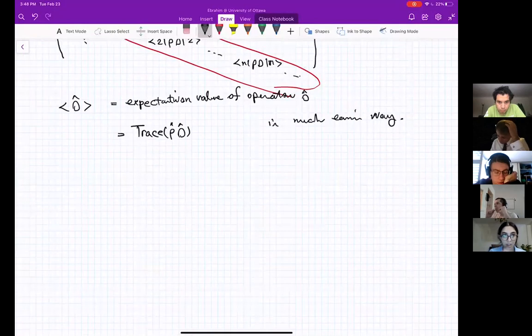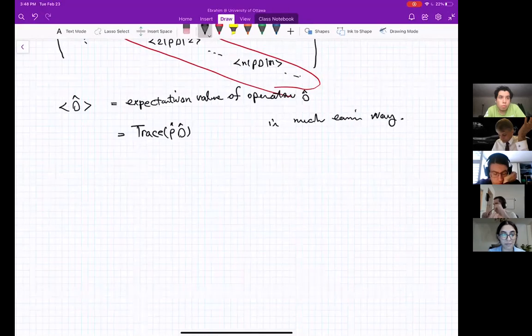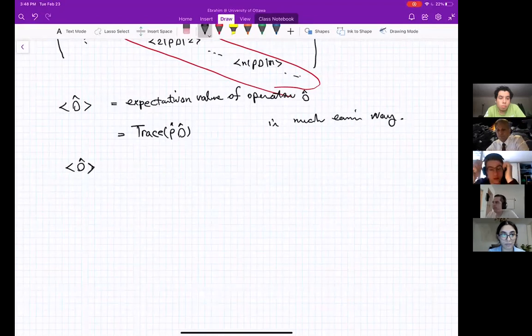So the most trivial thing, if you want to find this expectation value of O, what is the naive way? In which basis can I calculate that? How many bases did we learn?